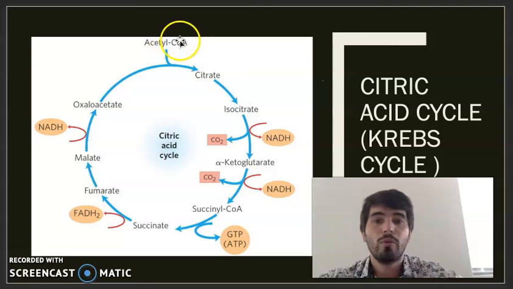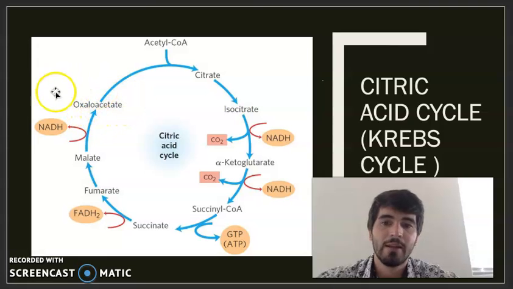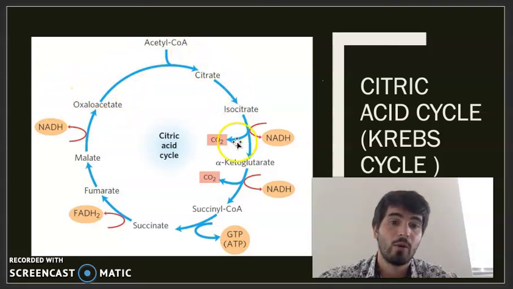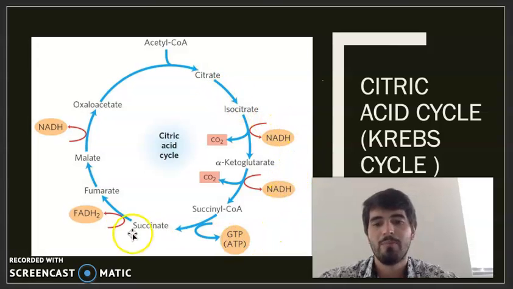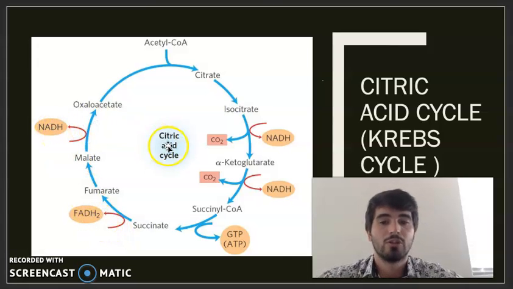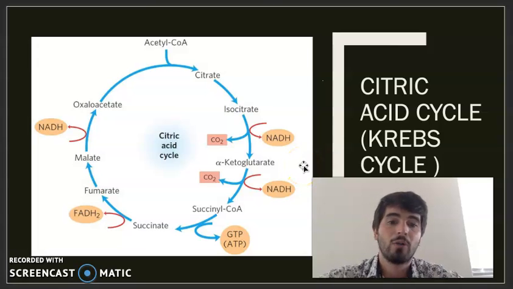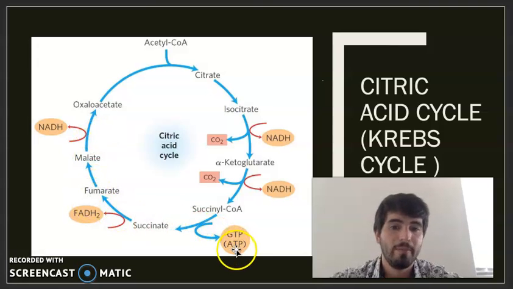What that will do, it's a 2-carbon molecule, will bind with this oxaloacetate, which is a 4-carbon molecule, in order to go through the Krebs cycle, where we'll produce more NADH, ATP, FADH2, and NADH. So total, you'll get about 3 NADHs, 1 FADH2, and 1 ATP per cycle.